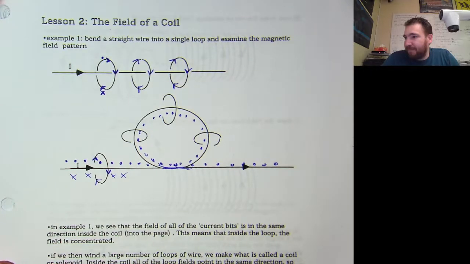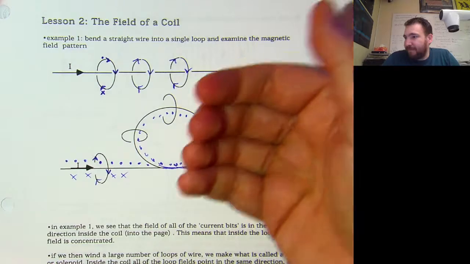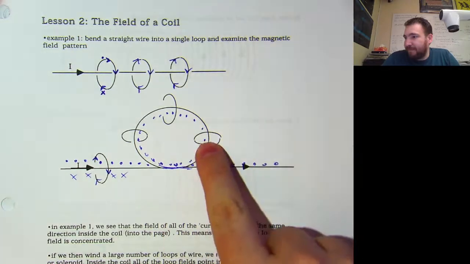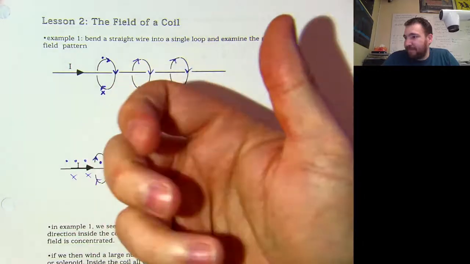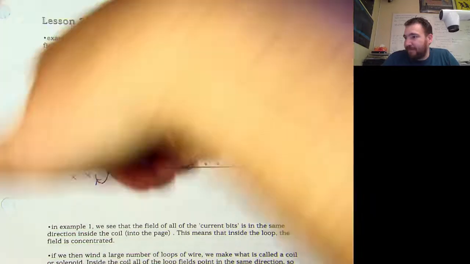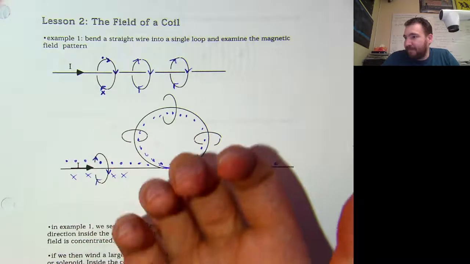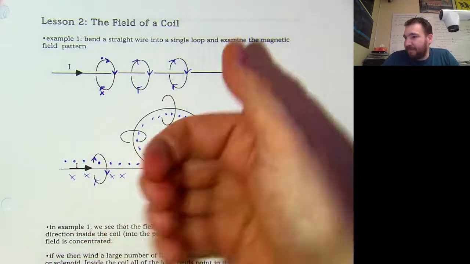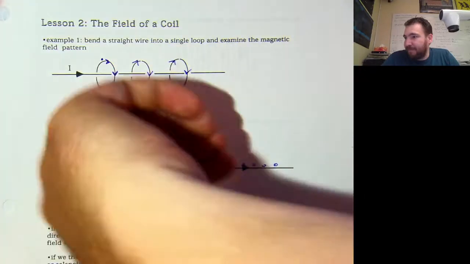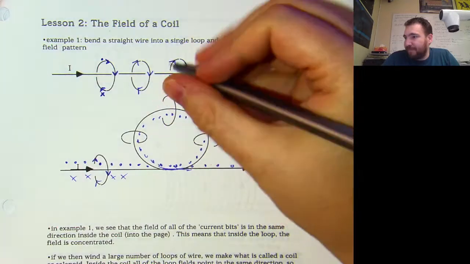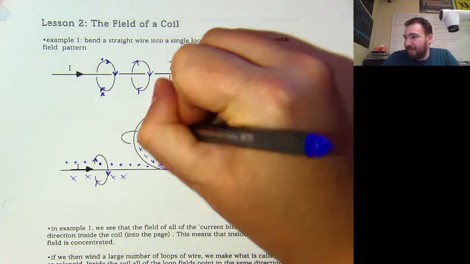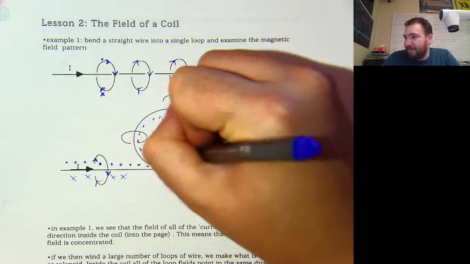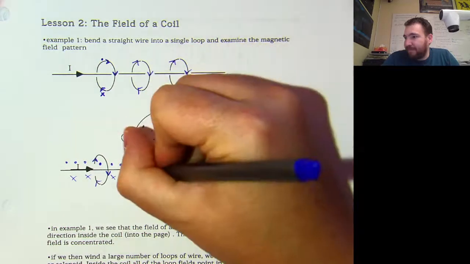I mean, using the right-hand rule, we could prove it too. At any stage along the wire, at this point right here, the current is going this way, so my fingers are going to curl up through the middle of the loop, which is going to be the same at any stage around that loop. You can think of it like running your hand around that ring. At any stage, you're going to get the magnetic field coming up through the middle of this.